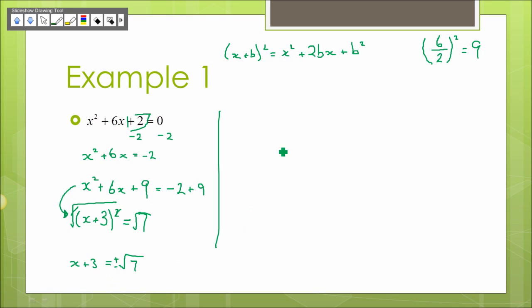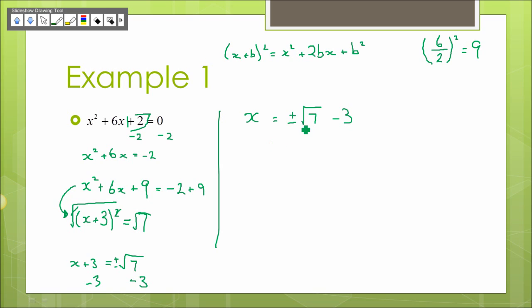Right, so that means x, if we subtract 3 from both sides, x equals plus or minus the square root of 7 take away 3. Now you can take that a step further if you want.